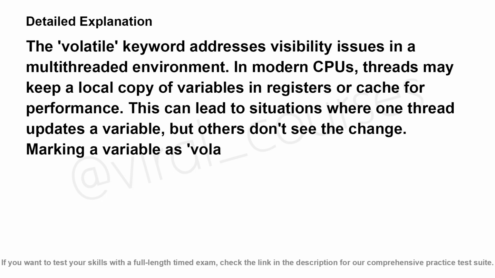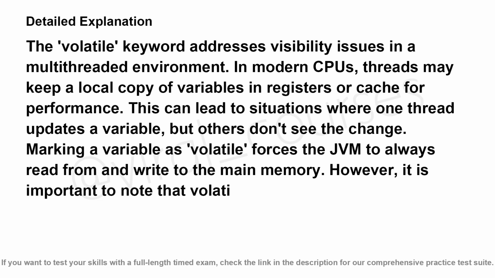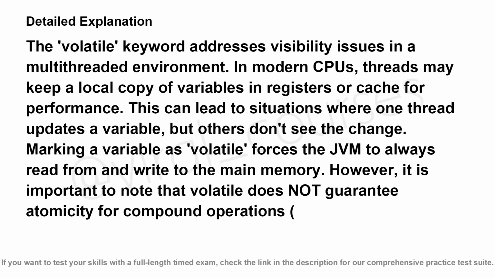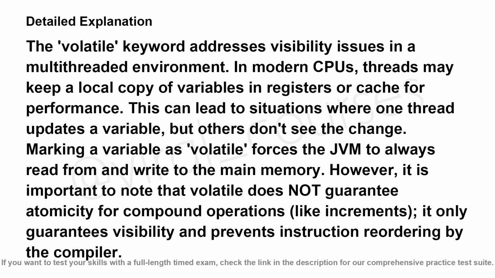Marking a variable as volatile forces the JVM to always read from and write to the main memory. However, it is important to note that volatile does not guarantee atomicity for compound operations like increments. It only guarantees visibility and prevents instruction reordering by the compiler.